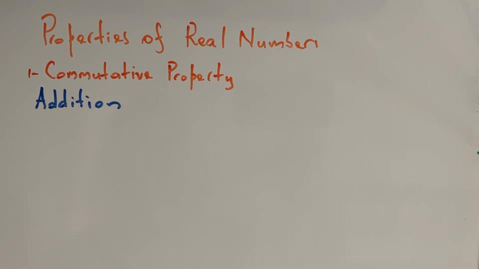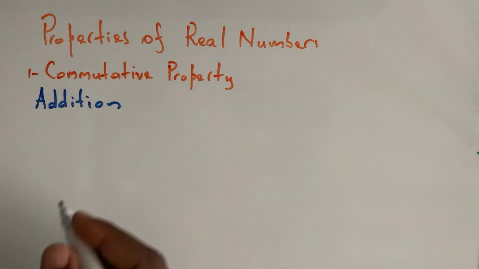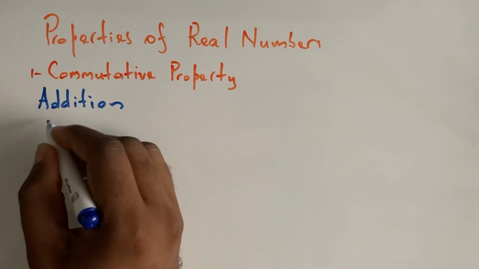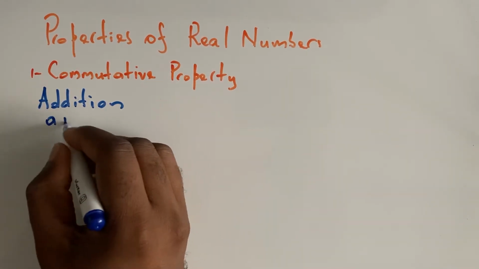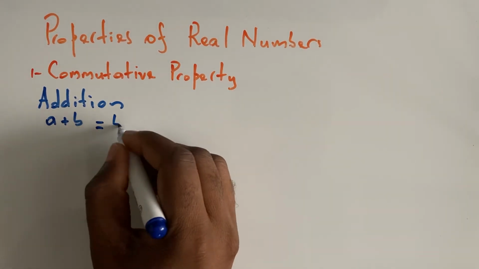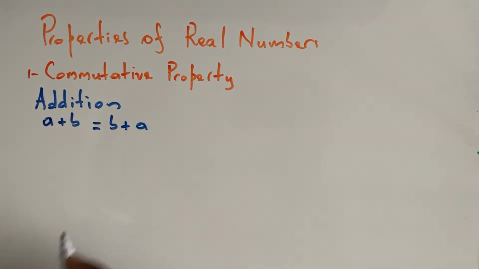So the first one here is the commutative property. According to this property, if you have two real numbers, a and b, then a plus b is the same thing as b plus a. You should get the same result by doing that.